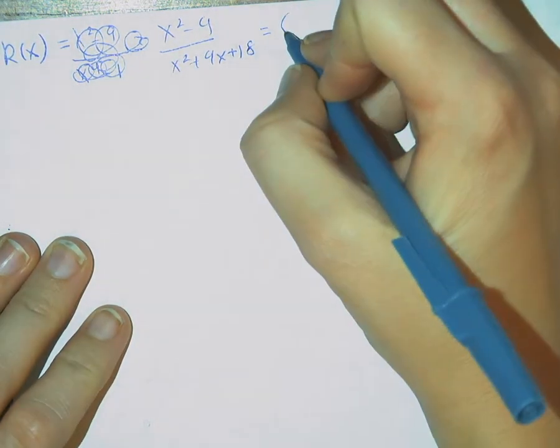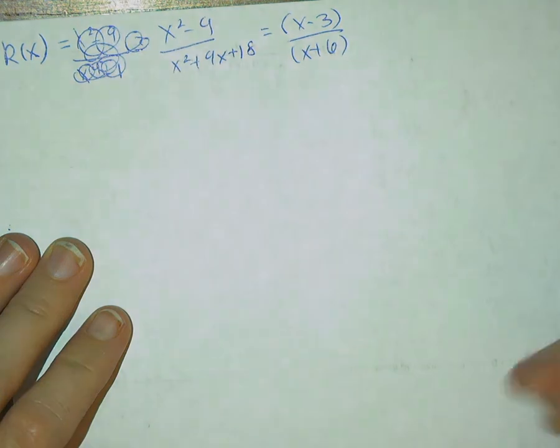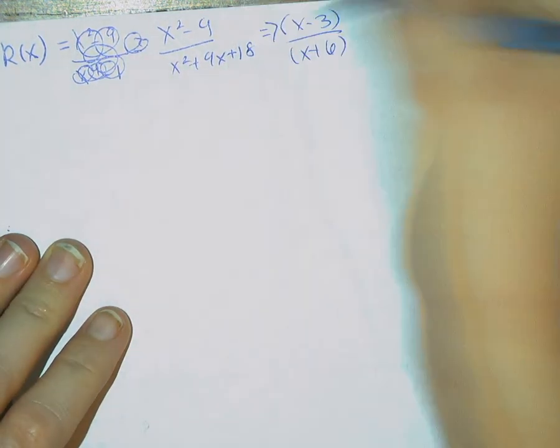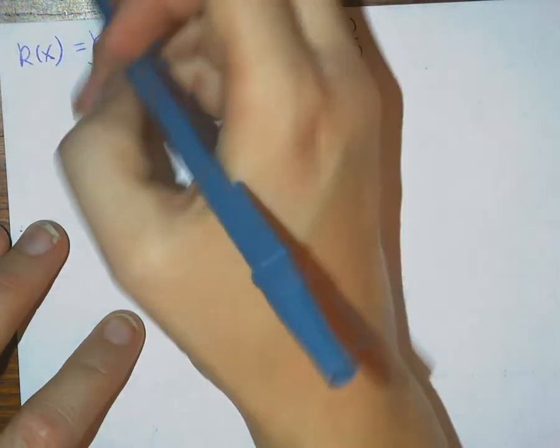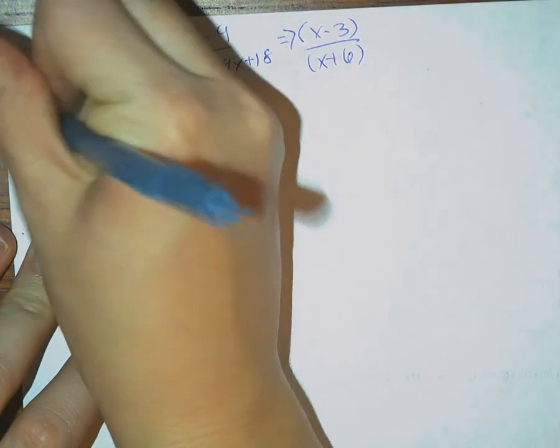And we simplify that to be x minus 3 over x plus 6. Okay. So I'm just rewriting that to remind myself of what my rational function is. We are moving on to step 5 now.